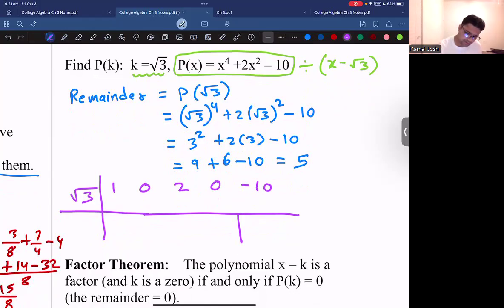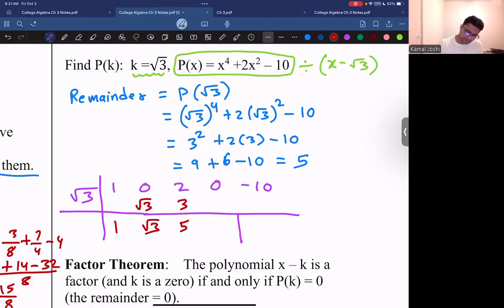Okay, now let us drop the numbers. 1 goes down as it is. 1, then 1 times root 3, 0 plus root 3. Root 3 times root 3 is 3. 2 plus 3, 5.